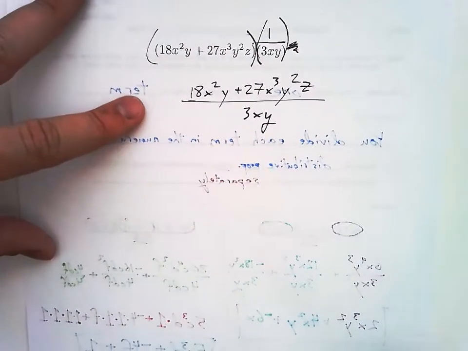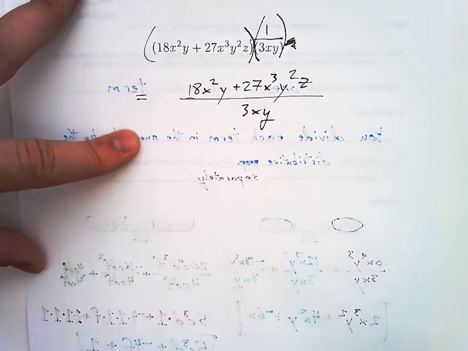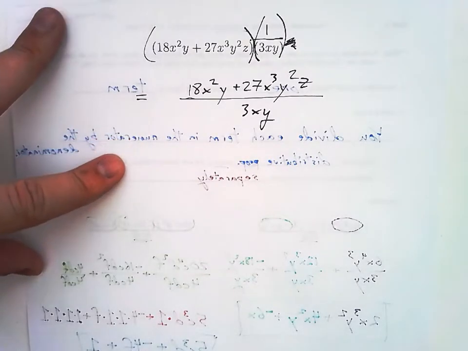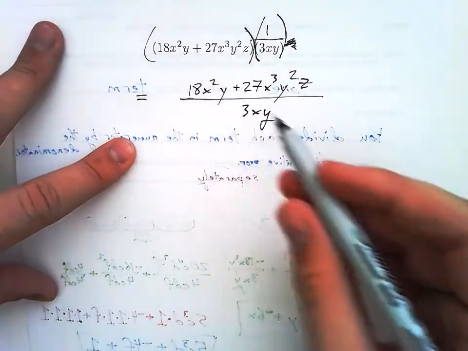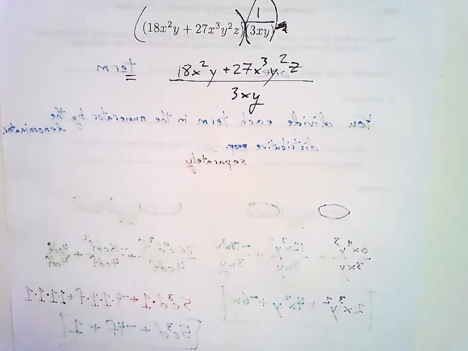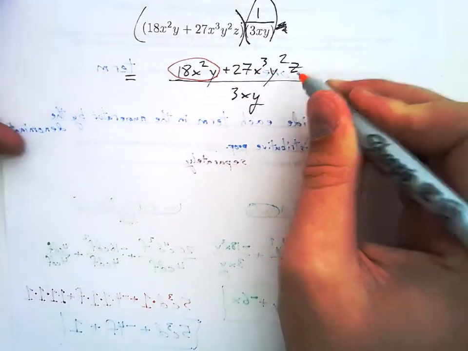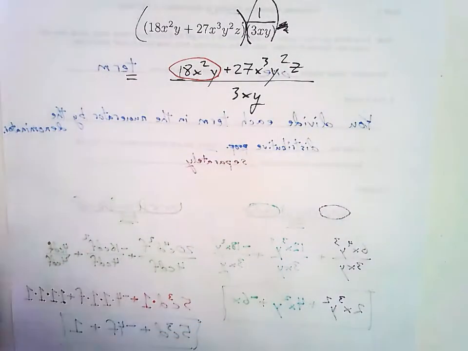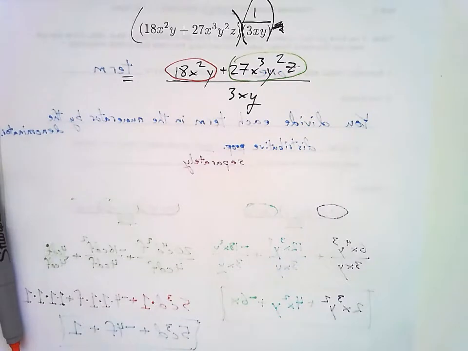Remember that? And again, if you need to review exponent stuff, go check out some videos on that on YouTube. Okay. All right. Now we're going to do just what we did on the front. This one has 2 terms on the top. That term and this term.